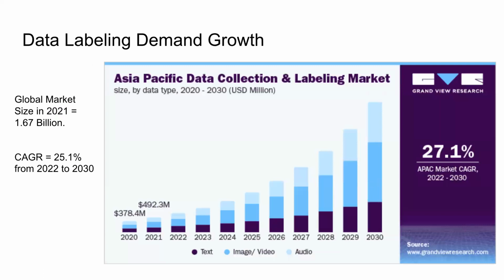So now that we have a solid understanding of data labeling, what does data labeling look like looking ahead? The global data collection and labeling market size was valued at $1.67 billion in 2021 and is expected to expand at a compound annual growth rate of 25.1% from 2022 to 2030.